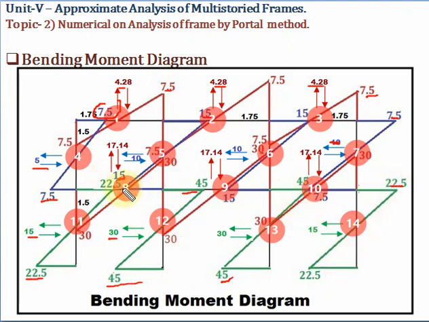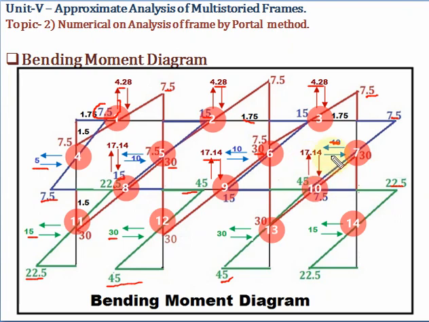Now at node 8, what is the vertical force here? As this is a horizontal member, a beam, we have to consider vertical force. That is V8, 17.14 multiplied by the distance 1.75. We are getting 30. Here again 17.14 into 1.75, we are getting 30.